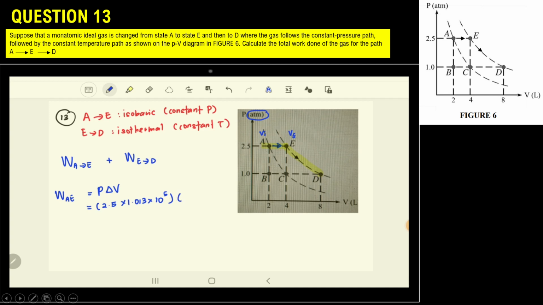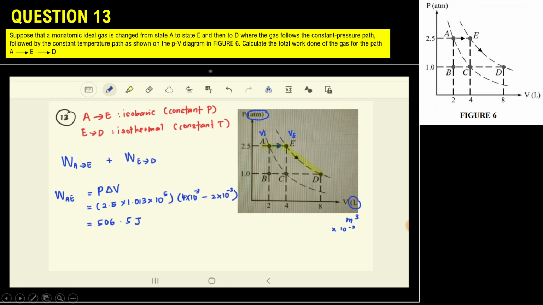So it should be 4 times 10 power of negative 3. The unit is in liters, so make sure you change it to meter cube; you have to multiply by 10 power of negative 3. So minus 2 times 10 power of negative 3. You're going to get 506.5 joules for the work done from A to E.